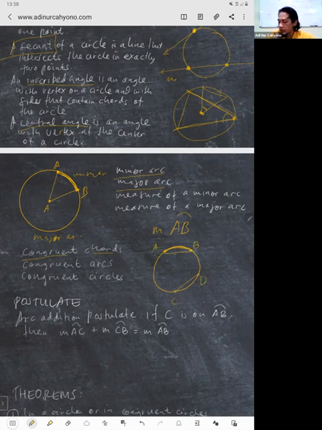We can call them congruent chords when the measures of AB and CD are congruent. And congruent arcs, if we have arc AB and arc CD, we can call these congruent arcs.